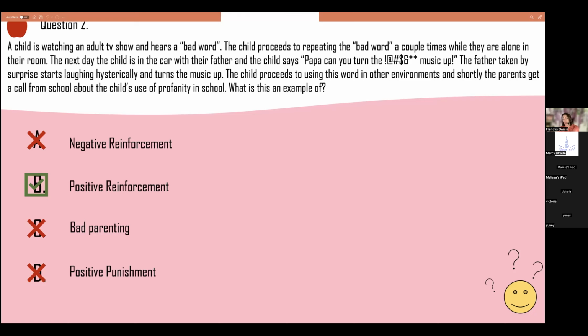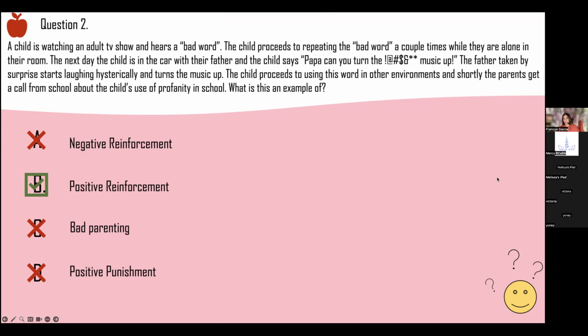And he also proceeds to turn the music up after she used the bad word. He should have redirected her, mentioning, "Oh, don't say this," to decrease the frequency of this behavior happening in the future. But now she was conditioned because he laughed hysterically and also reinforced it by turning up the music with that specific command that she made.